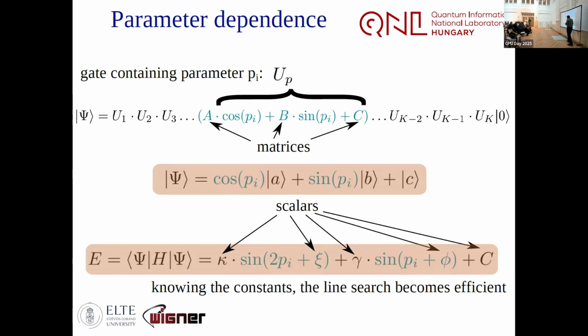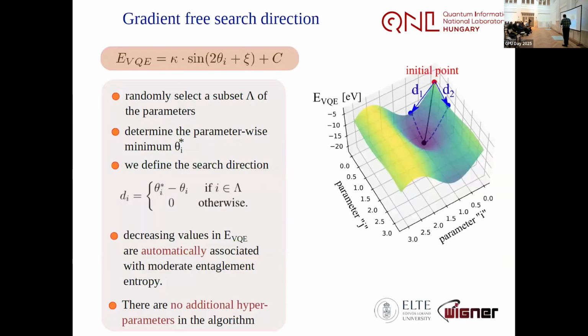By sampling the cost function in these individual directions, you can build up the whole dependence over that direction by obtaining, let's say, 5 parameters. And this way, you can exactly determine the global minimum in each direction. These are denoted by these blue points on the slide.